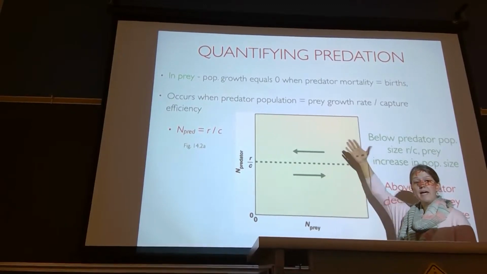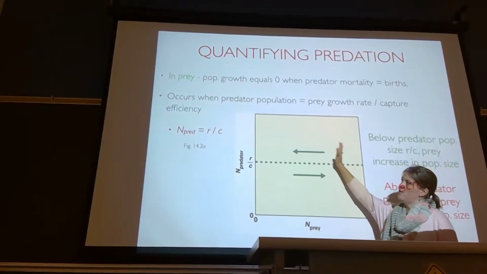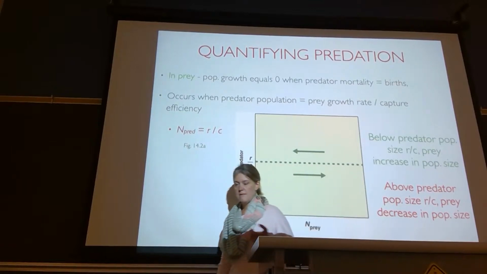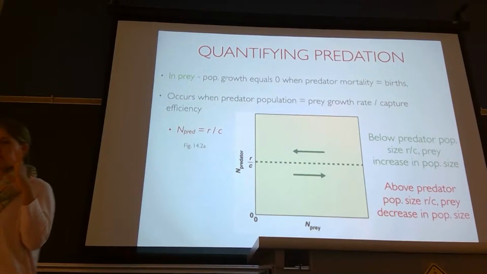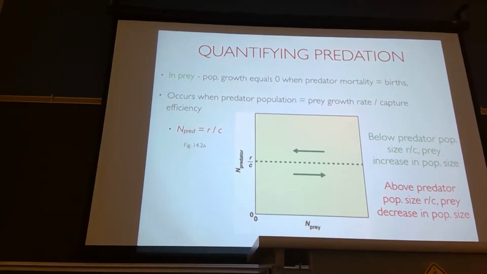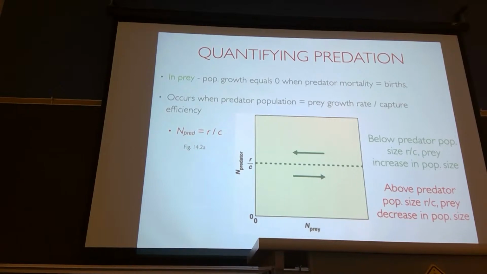But once they have passed that population size, then they will fall back towards zero. They'll be consumed faster than they're reproducing. This particular point at which the prey population is stable, neither increasing nor decreasing over time, happens to be equal to their per capita growth rate divided by capture efficiency.